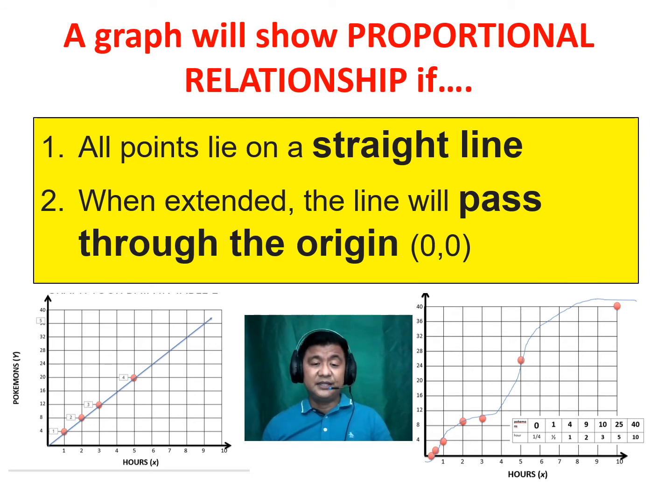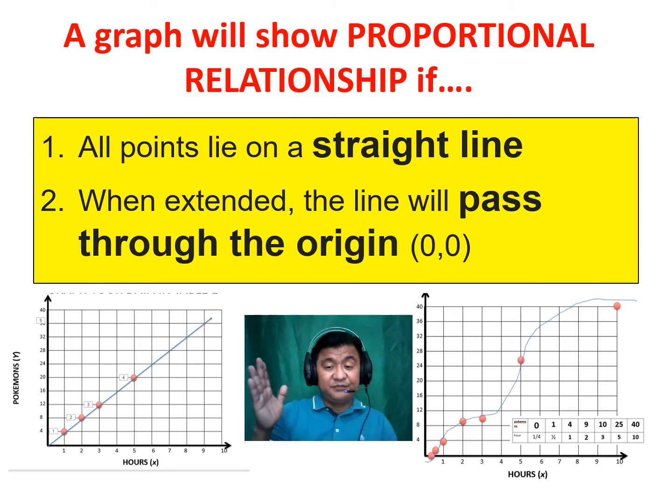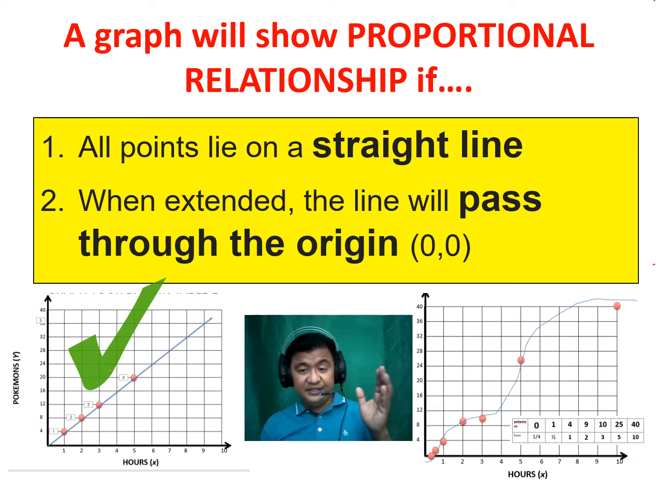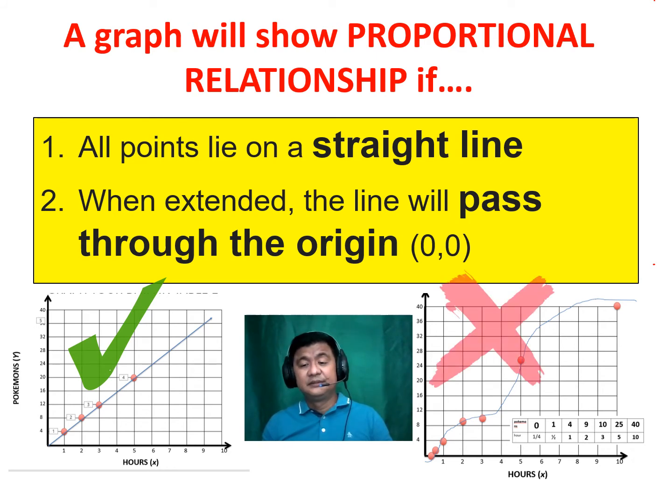So what can you say? This graph over here is proportional. Okay, let's put a check on that. And this graph over here, it is what? Not proportional because it doesn't follow the two conditions.